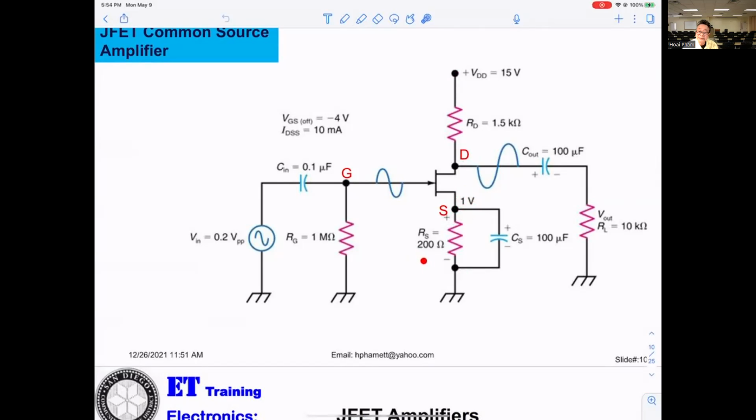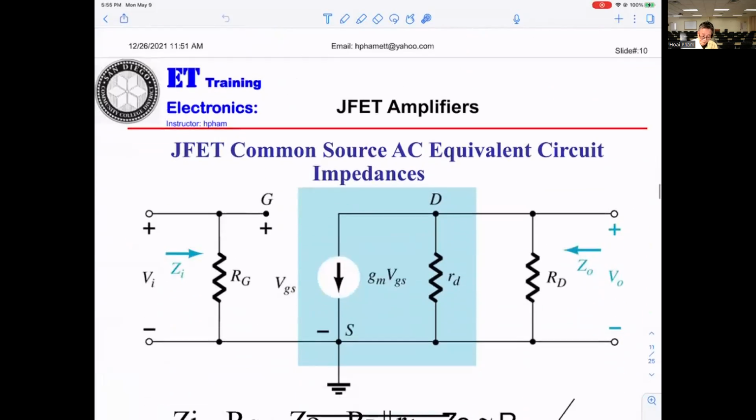And we already said in the JFET, ID and IS are all the time the same. So you get the IS, that means you get the ID here. And that will help you, also, when you need to calculate VGS or anything else for DC needed for the amplifier.